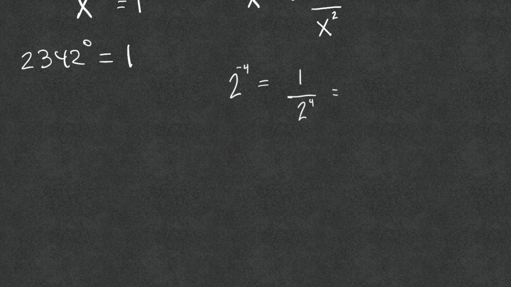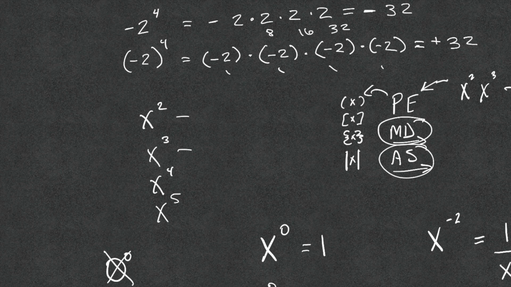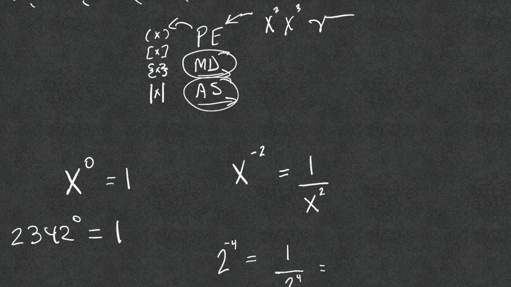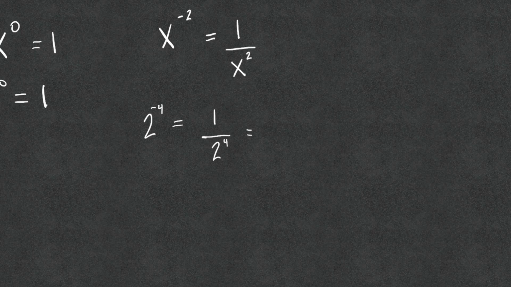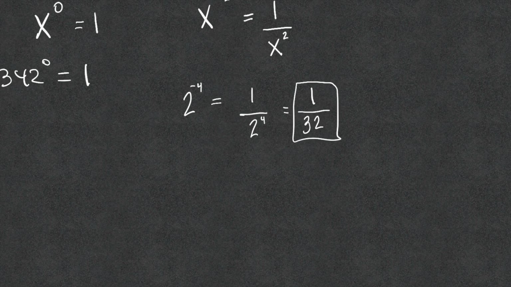And then, just like we did over here, 2 to the 4th power is 16, but it's in the denominator. 1 over 16 is your final answer, simplified as much as possible.